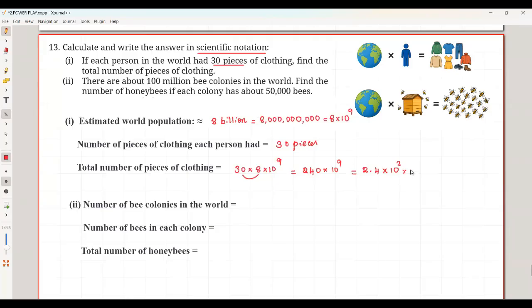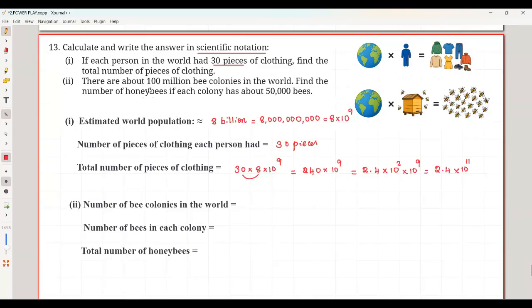Again here we have 10 to the power 9. Both have the same base, so keep the same base and add the powers. 2.4 into 10 to the power 11 is the answer.